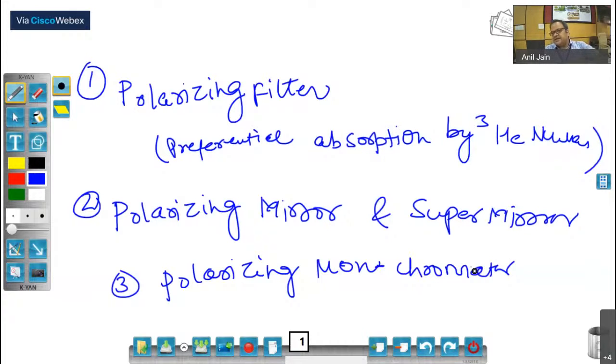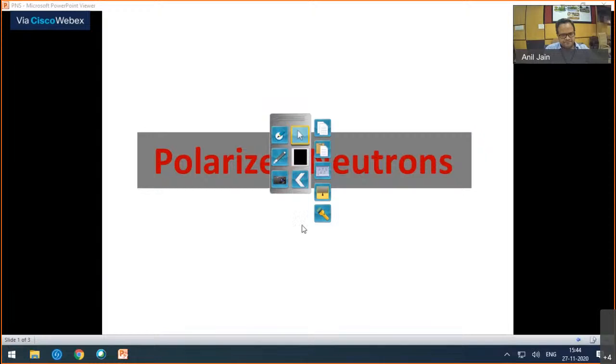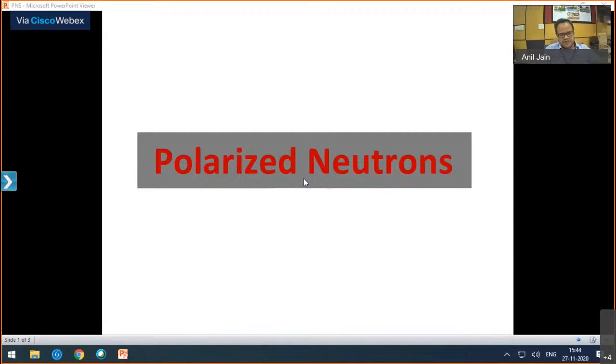Now, let's quickly understand what we do with this polarized neutron scattering, or what we measure in a polarized neutron scattering experiment. So what we have at Dhruva is the polarized neutron spectrometer.